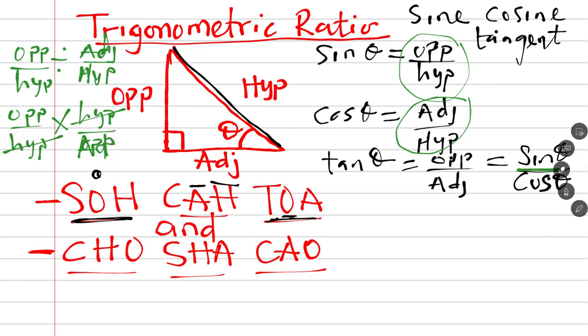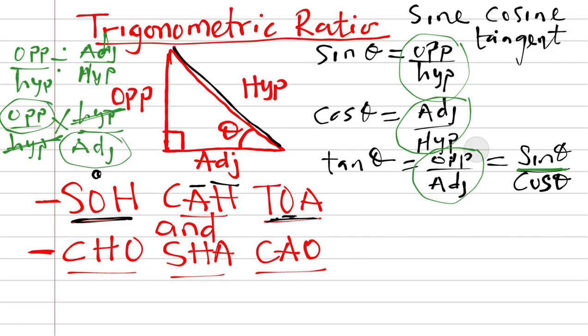Let me just clean that. So this is over adjacent. You can see the hypotenuse has cancelled hypotenuse here. What are you left with? Opposite over adjacent, and that's what we have here. That's why we say tan theta is the same thing as sine theta over cos theta. You are going to be seeing the reason why it is like that as we proceed.